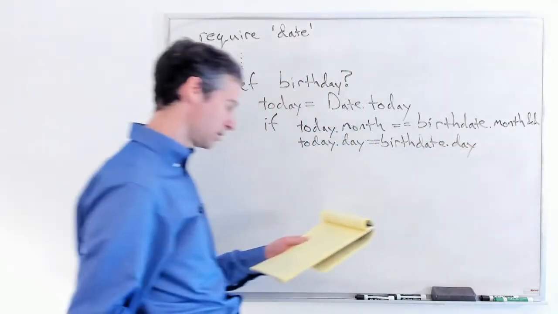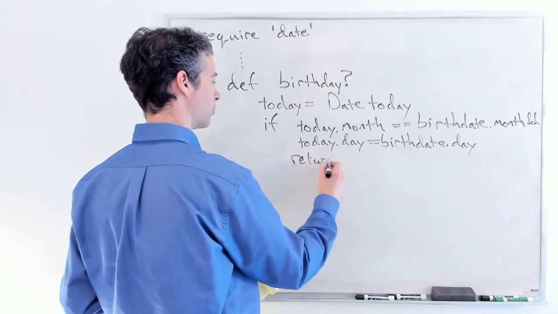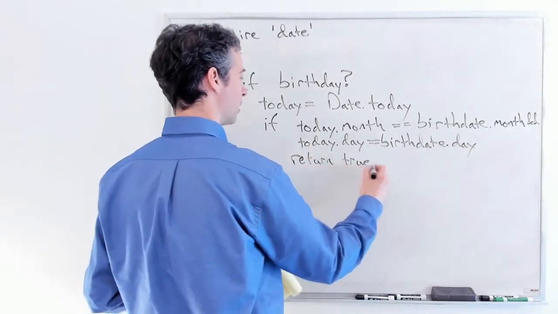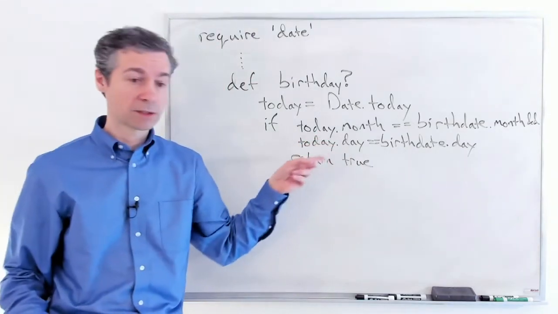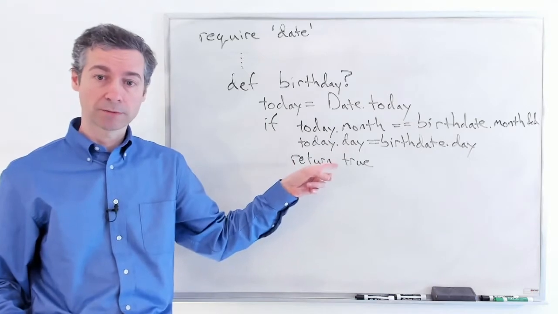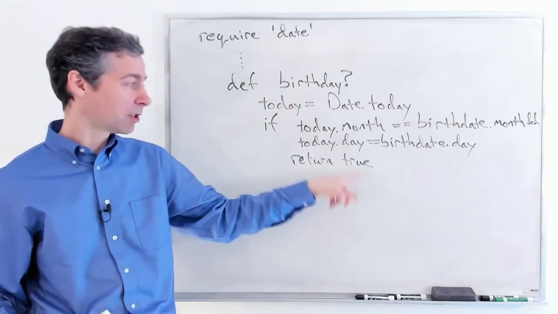So if that's the case, then we go basically, hey, this is great, we're going to return true. Now, this will handle all those cases. It will also handle the case when it's February 29th. So it happens to be true on February 29th, we'll go ahead and return true.